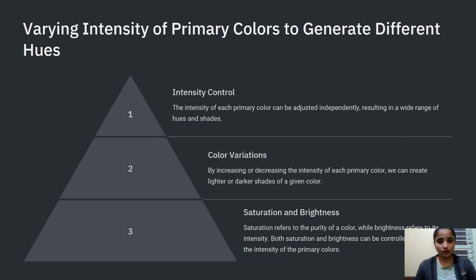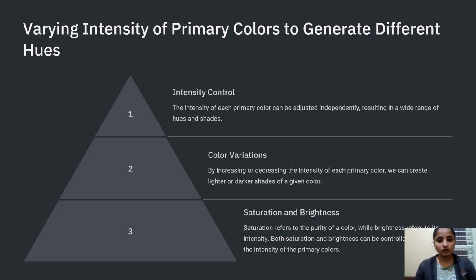Varying intensity of the primary colors to generate different hues. Intensity control. The intensity of each primary color can be adjusted independently, resulting in a wide range of hues and shades. Color variations.